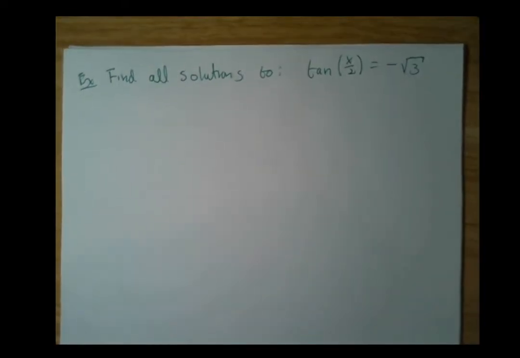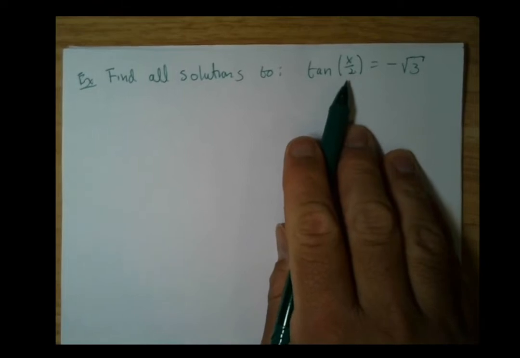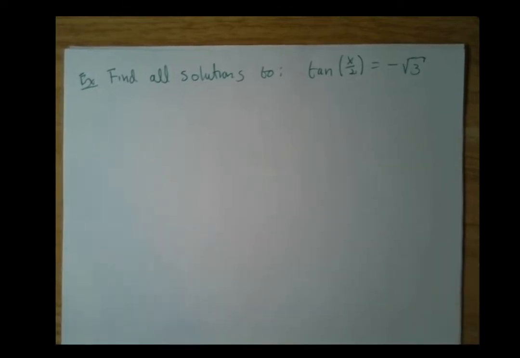Okay, so we have a composition in the argument for tangent. So we'll approach it like we did the previous example. Right? Negative root 3, that's a value that is on our unit circle.